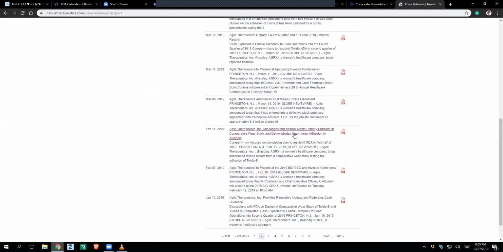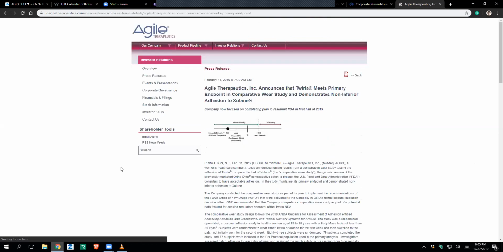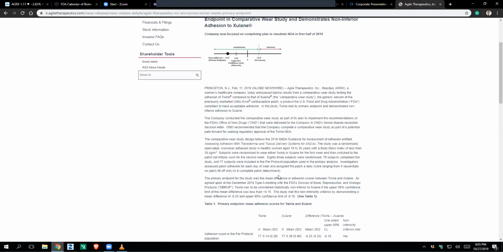So then they did this, looks like, they did another study. They did a comparative wear study testing the Twirla with Xulane, which is a generic version of an existing Ortho Evra contraceptive patch.